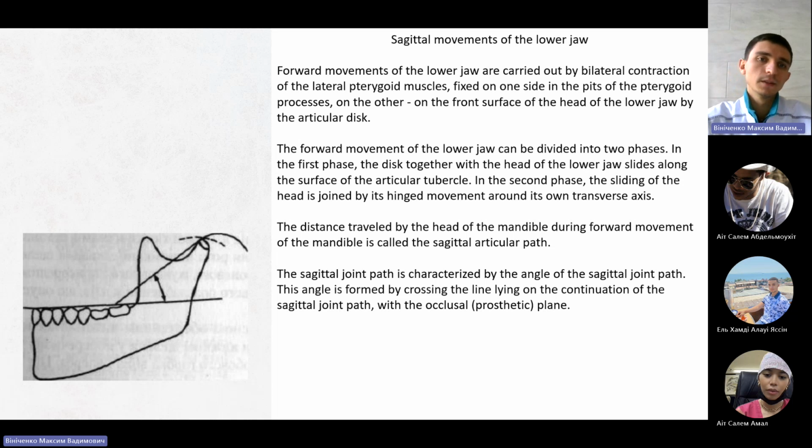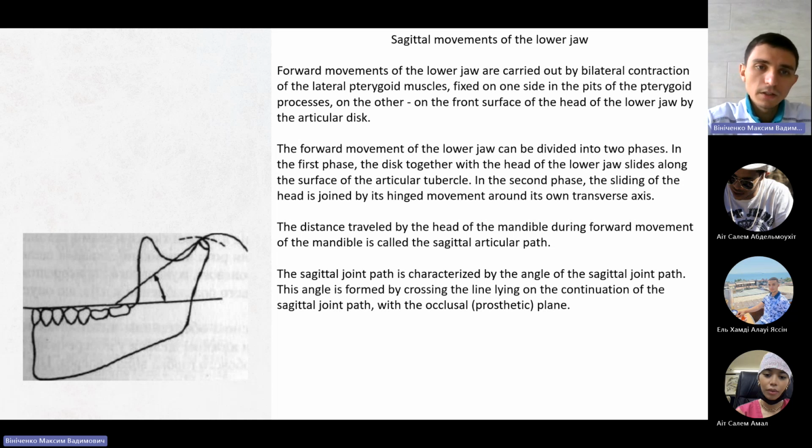In the first phase, the disc together with the head of the lower jaw slides along the surface of the articular tubercle. Then there is a second phase: the sliding of the head is joined by its hinged movement around its own transverse axis.